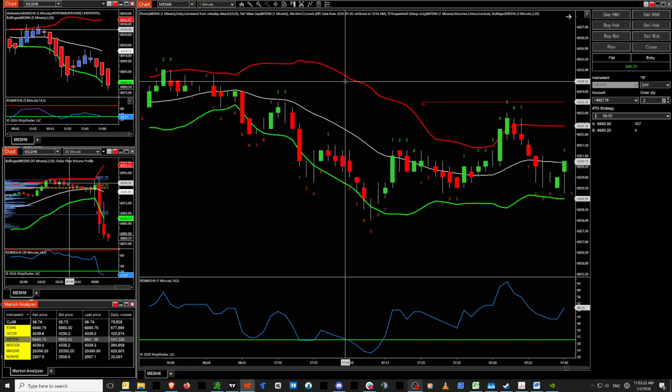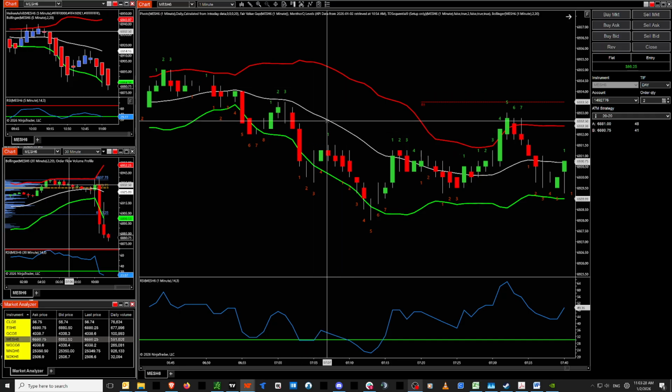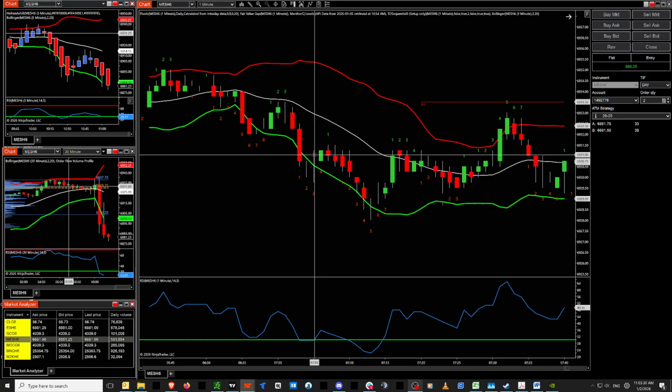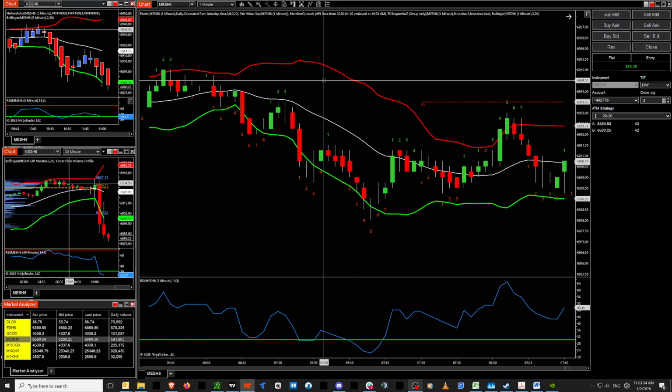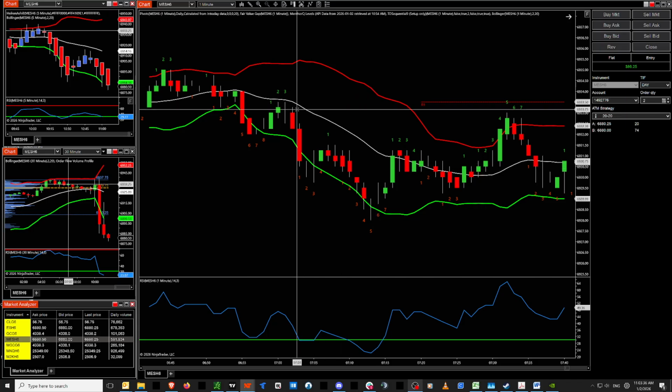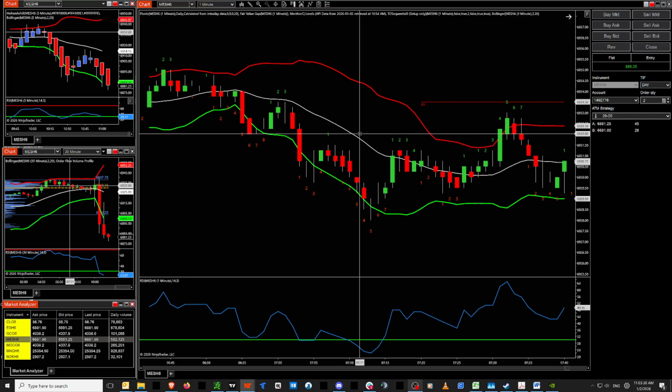The lines above and below it are 2 standard deviations away. In theory, this will capture 95% of all the price action. 95% of all price action should be between those 2 lines.